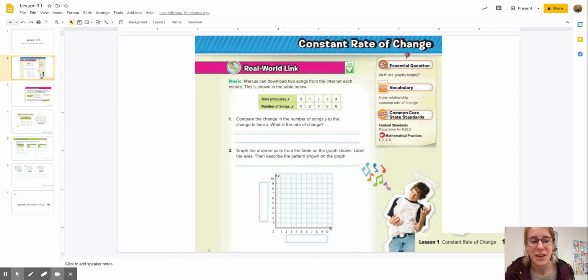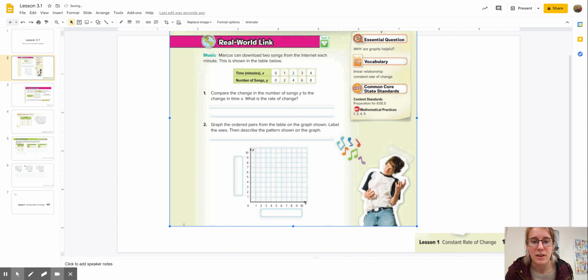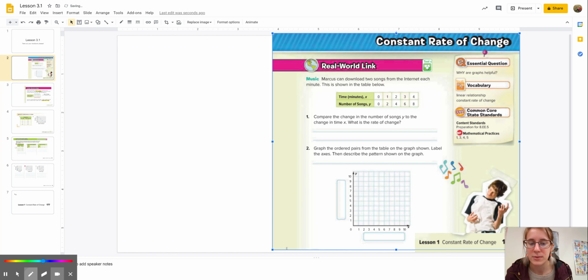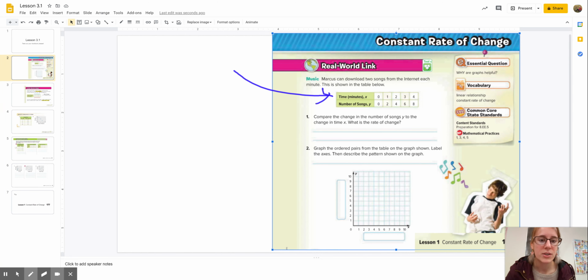It's kind of continual. So we're looking at the rate. We're comparing the change in the number of songs to the change in the time. So when we're talking about time, to go from 0 to 1, we only added 1.